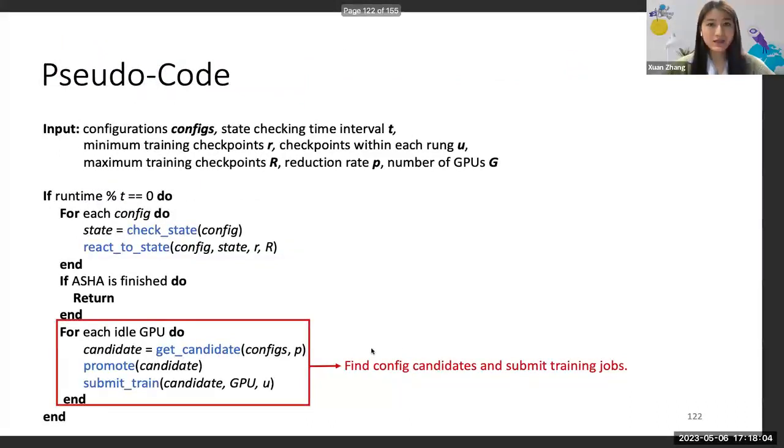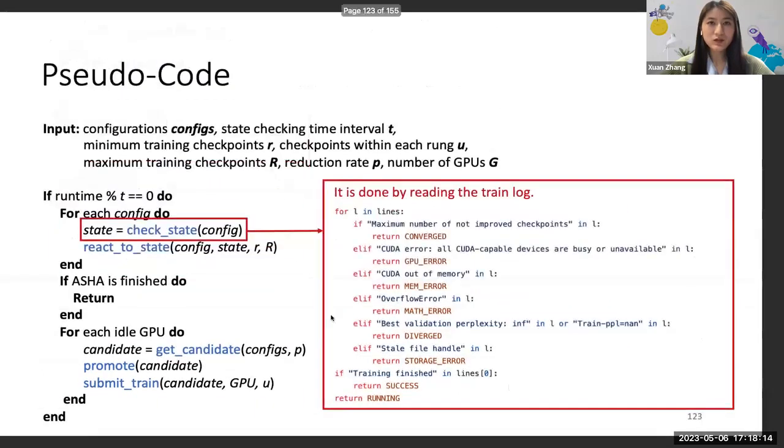Next, we identify configuration candidates eligible for promotion to the next rung and initiate training jobs. To be more specific, job state can be classified as converged, diverged, running, maybe, and finished training.